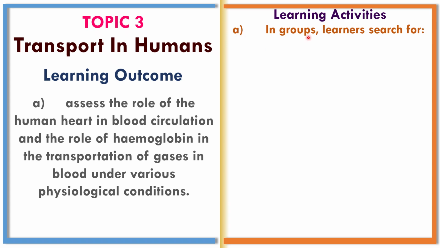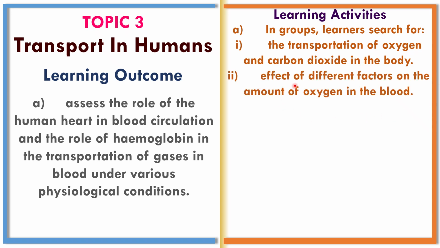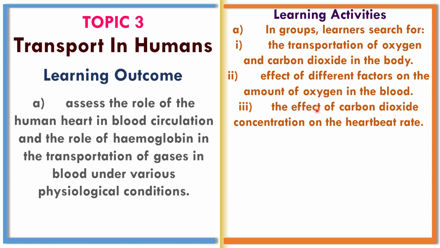In groups, learners search for the transportation of oxygen and carbon dioxide in the body. Effects of different factors on the amount of oxygen in the blood. The effect of carbon dioxide concentration on the heartbeat rate.